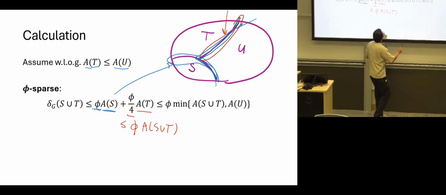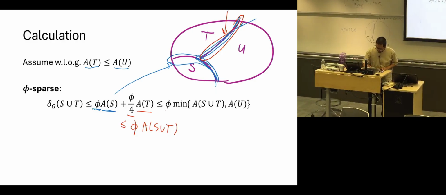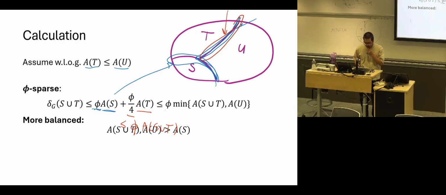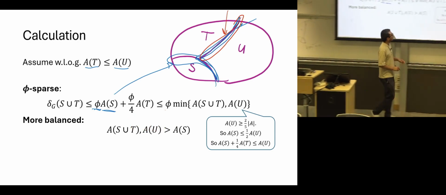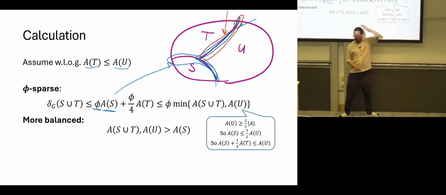What about why this is less than phi times AU? That's less easy to see, but first of all, you know that AU needs to be quite big. Why is that?